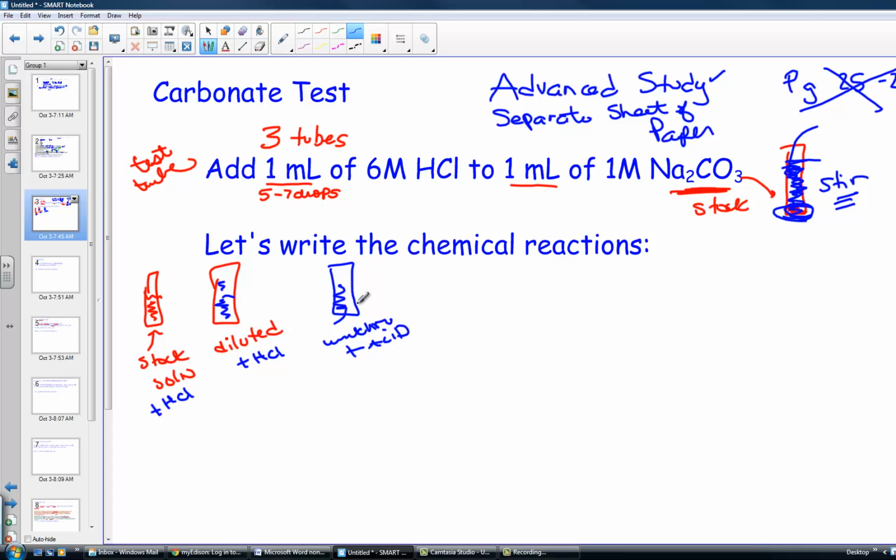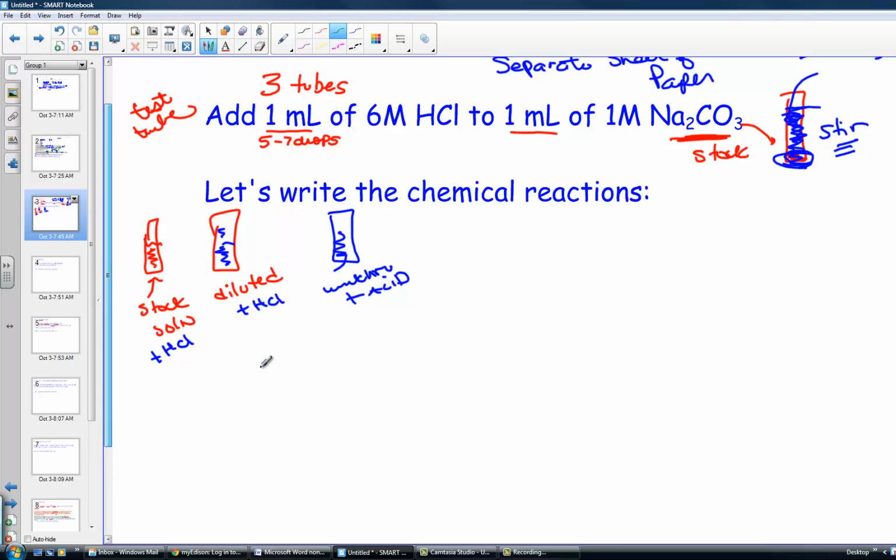So 3 separate times we're running the same experiment. Let's take a peek at the chemistry, and this is what I'm after. You're going to write the chemical reactions with me and just talk about what we would expect to see if these occurred. So the first category here is going to be called a molecular equation.